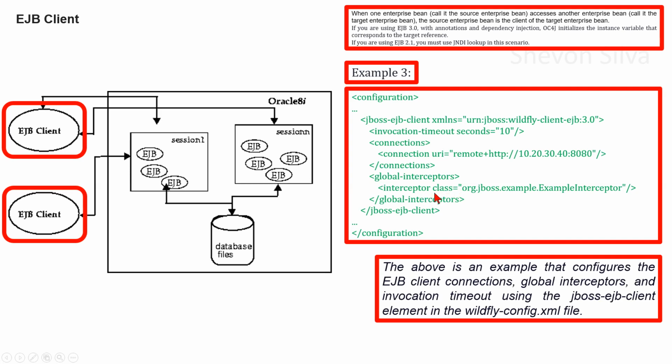Class attribute: the name of a class that implements the org.jboss.ejb.client.EJBClientInterceptor interface. This attribute is required. Module attribute: the name of the module that should be used to load the interceptor class. This attribute is optional.